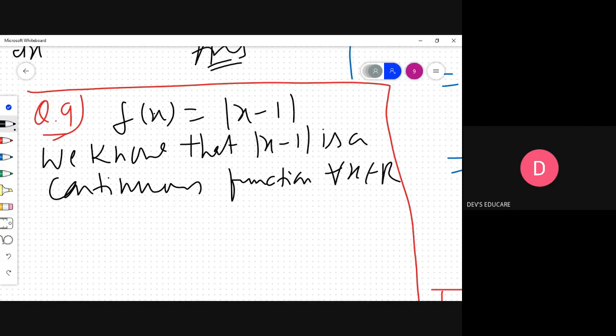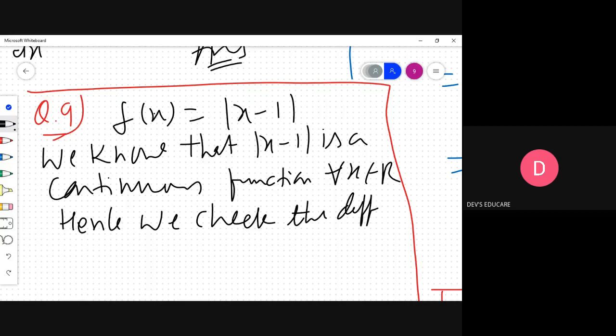Hence, we check the differentiability of the function. Got it? Yes, sir. If the function is not continuous, then we shall not check the differentiability of the function, because every differentiable function should be continuous. If it is not continuous, then it cannot be differentiable. So we shall not check the differentiability of the function.